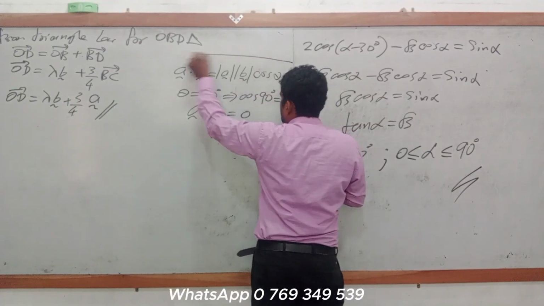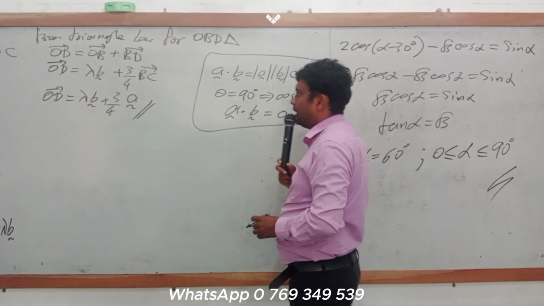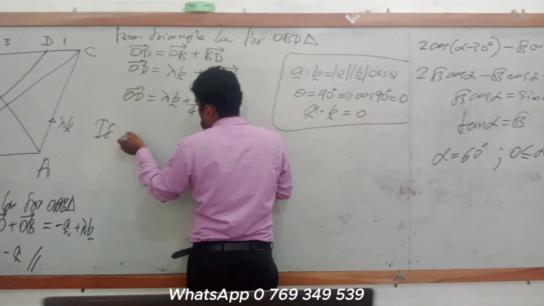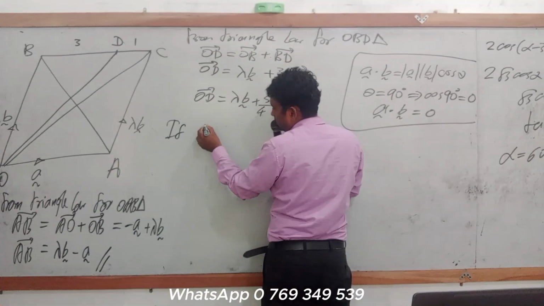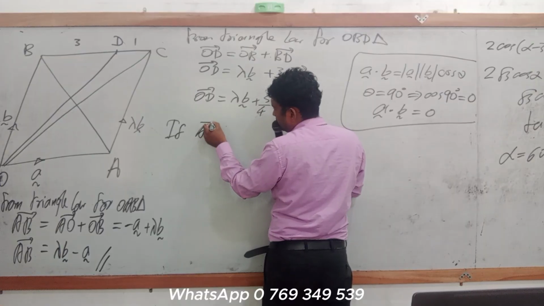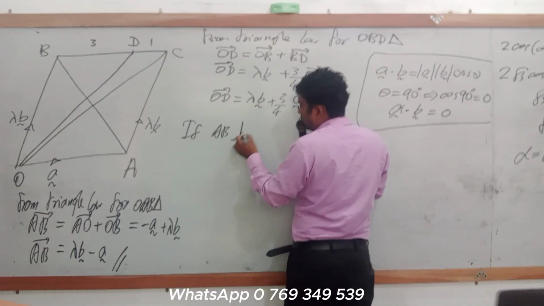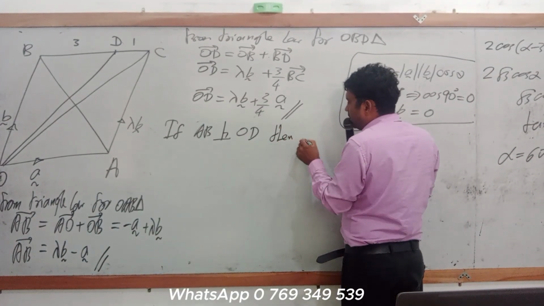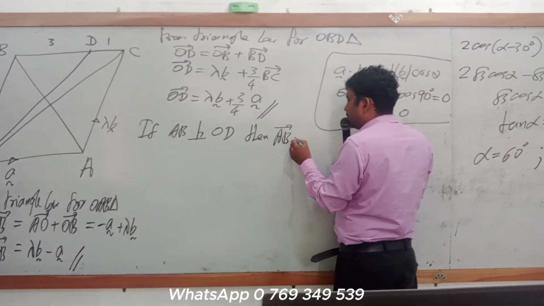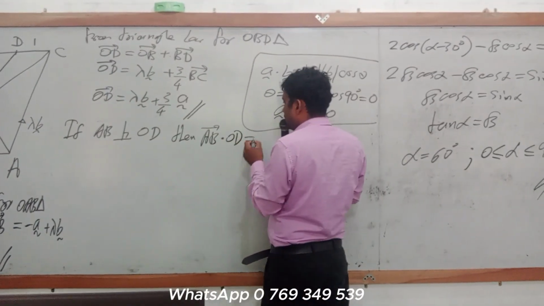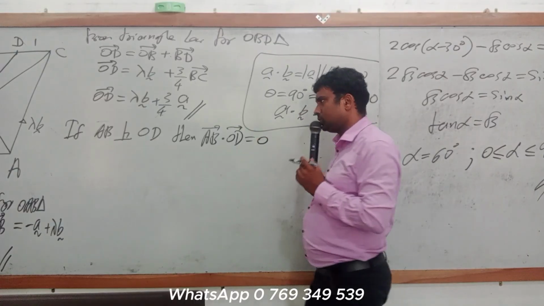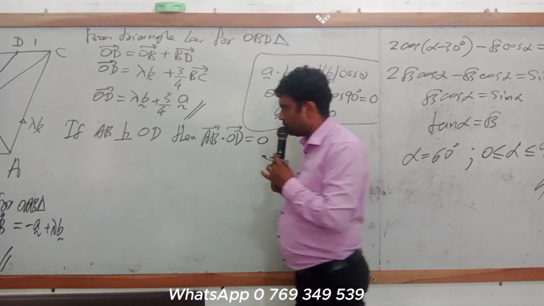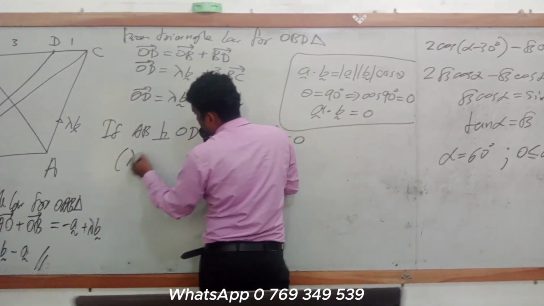This is the scalar product. Therefore, if AB is perpendicular to OD, then AB dot OD should be 0. Now what about AB?